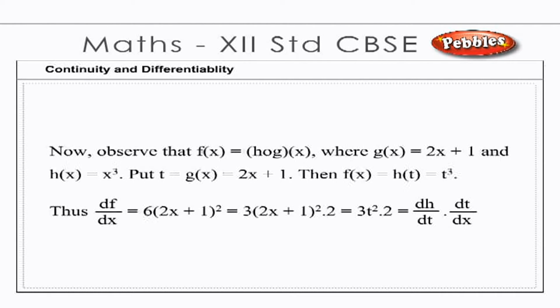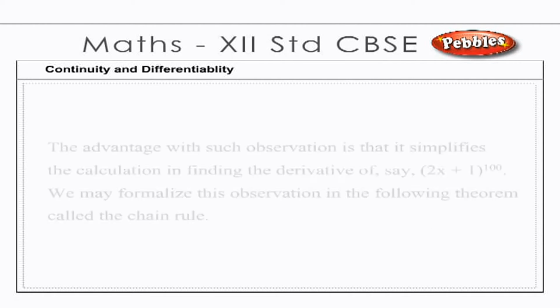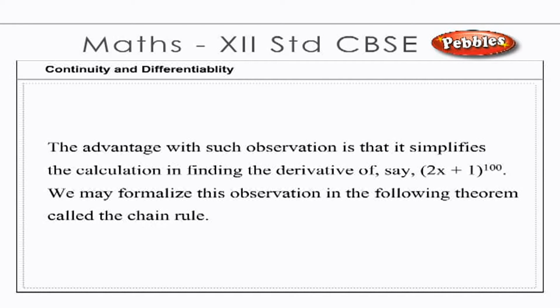Thus, df by dx equal to 6 into (2x plus 1) the whole square equal to 3 into (2x plus 1) the whole square into 2 equal to 3t square into 2 equal to dh by dt into dt by dx.